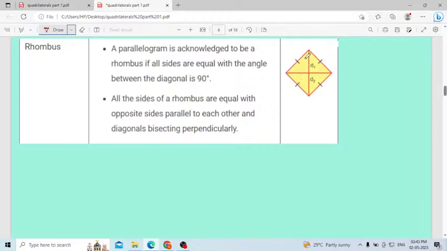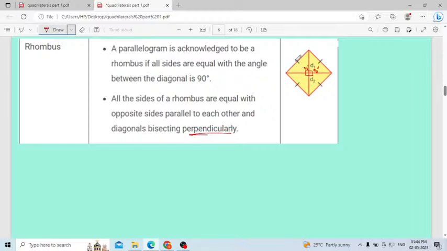When the diagonals bisect, the angle made by the diagonals will be 90 degrees, perpendicular. All the sides of a rhombus are equal, with opposite sides parallel to each other, and the diagonals bisect perpendicularly. This one is very, very important.